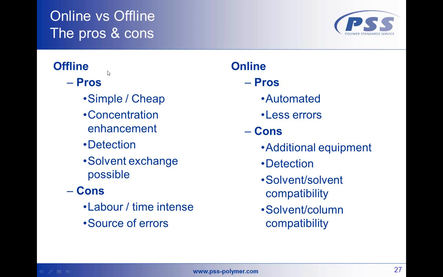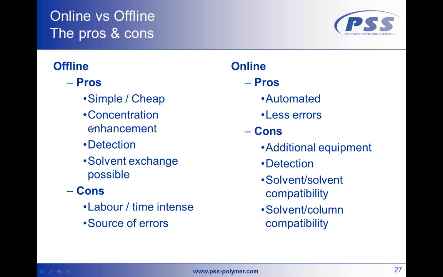If you do the whole thing offline, meaning I use a fraction collector, for example, at the end of my first dimension chromatography, then it's quite simple and cheap. First, I collect my samples with a fraction collector, then I take my samples, put them into the rack of the autosampler, put another column into my system, and run the samples. So it's certainly cheap and simple.